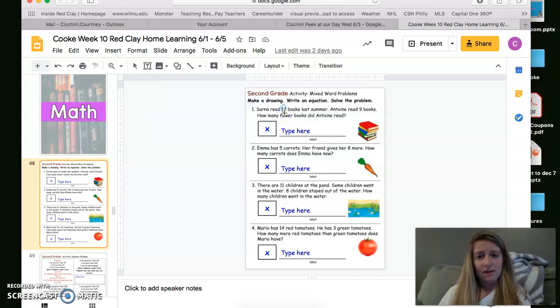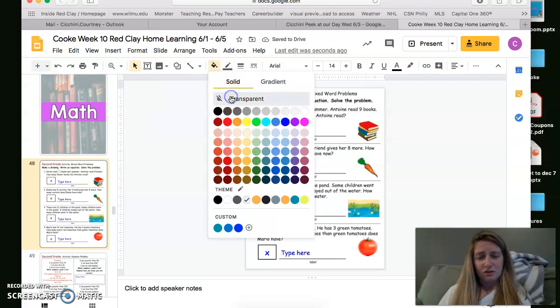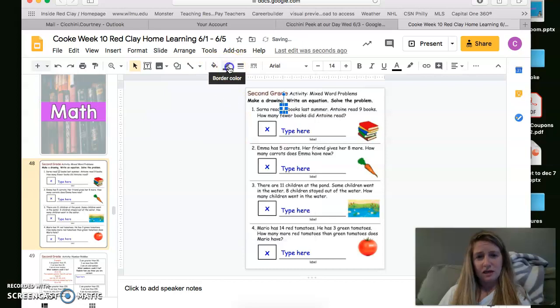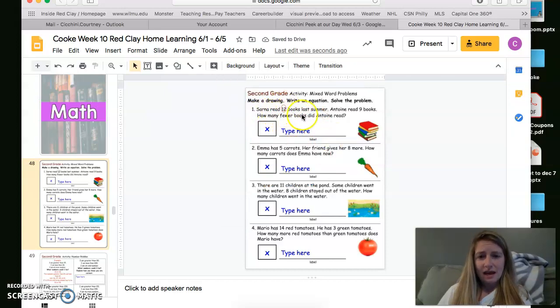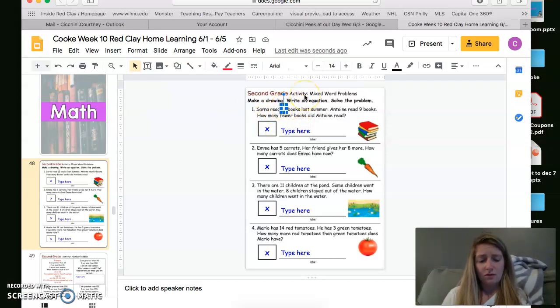I went up and made a shape, and then I'm going to change the color to transparent so we can see it, and the border to red, so that way I can see. There we go. Then I find my other number. You could do the same thing again, or I'm going to use Control C and Control V on my keyboard, and that will make a second one.